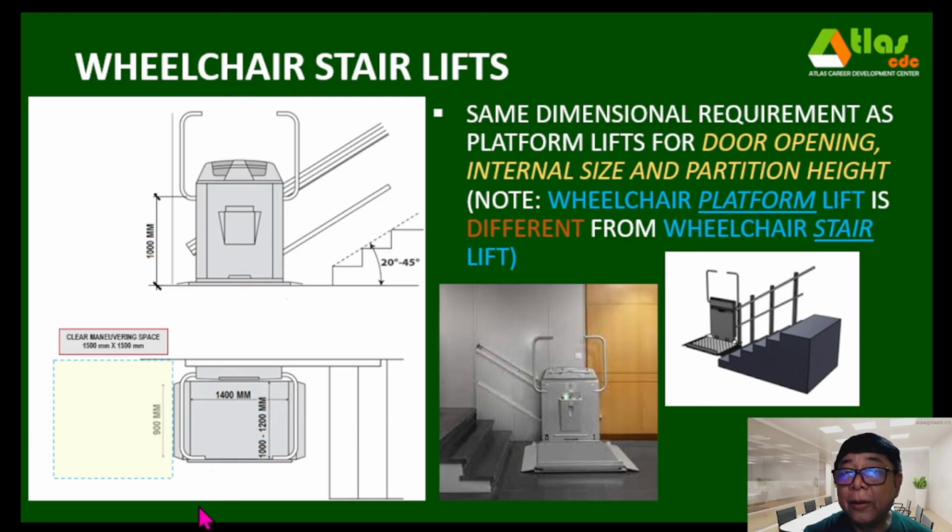So I'm not sure whether this 1 to 1.2 meters width and 1.4 meters depth as required for a platform lift is also applicable for a wheelchair stair lift. So basically, this one is smaller, just enough for one wheelchair to fit in. A clear maneuvering space of 1.5 by 1.5 meters, same as the platform lift, shall also be provided.